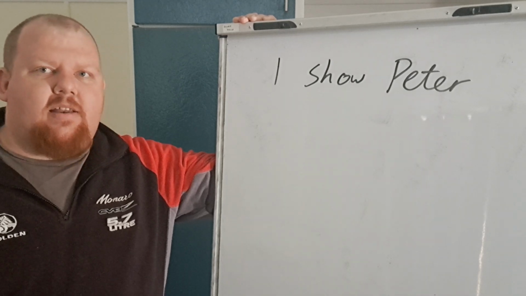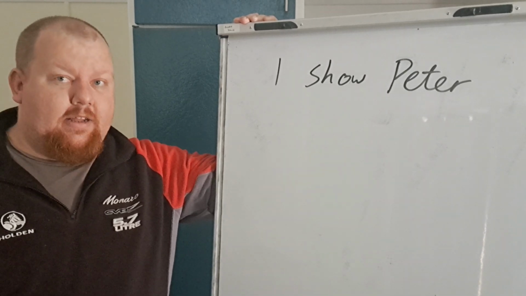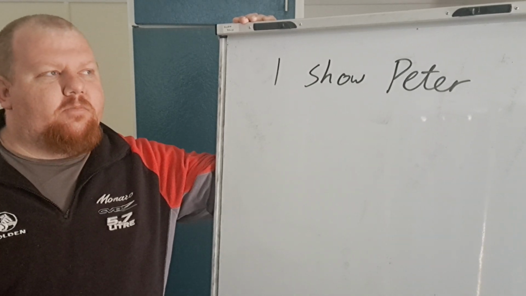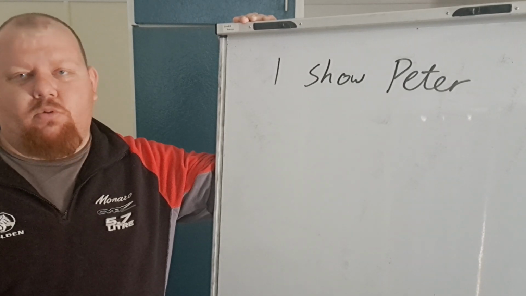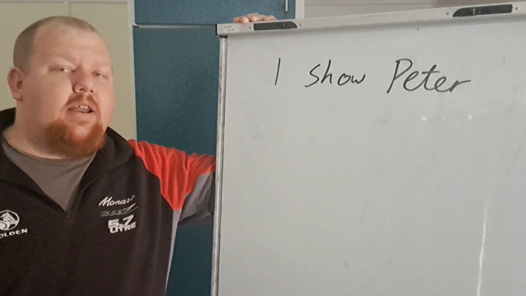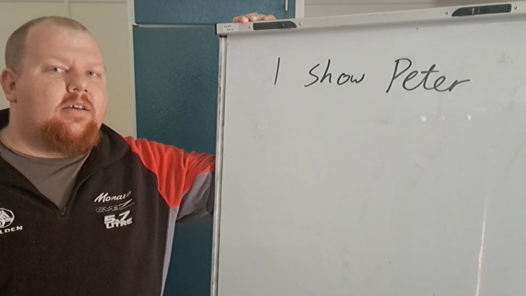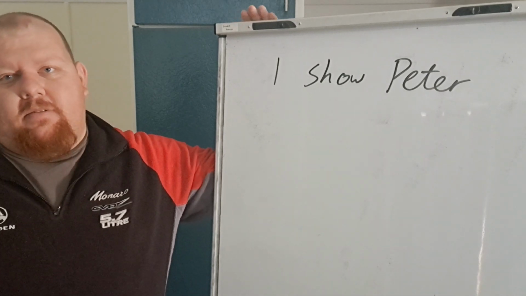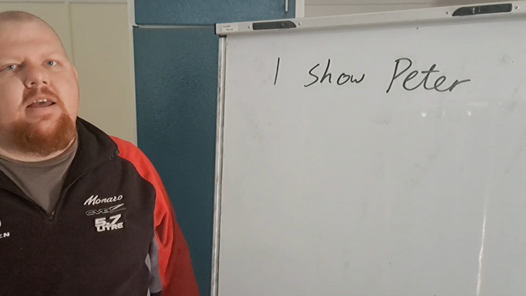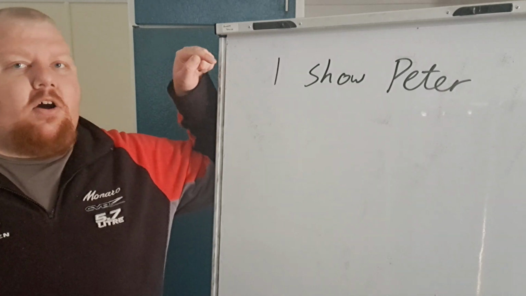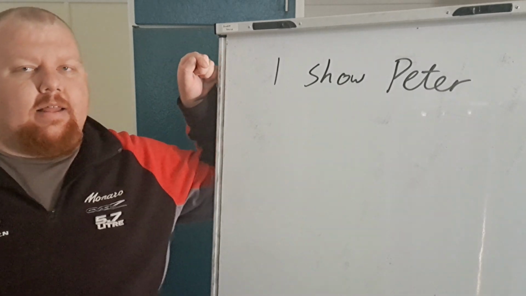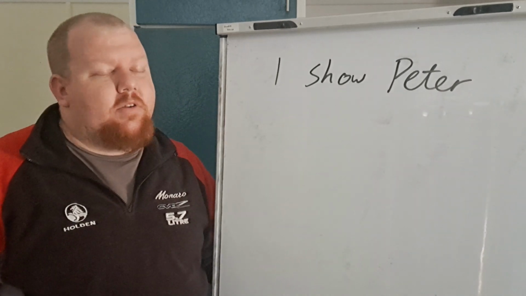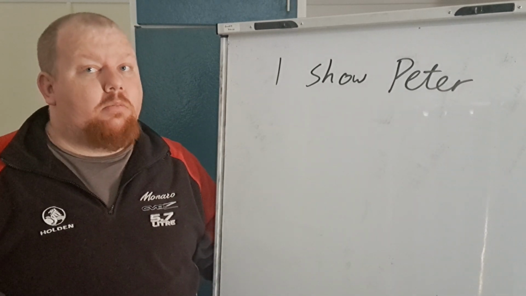Now, in this sentence here, this is good English. If I say, I show Peter, so for example, if I saw a good sight, I saw a good mountain, and I wanted to show Peter the mountain, I could say, I showed Peter what I saw yesterday, okay? Now, if I just simply say, I show Peter in English, you might be tempted to think, well, it's after the verb, so therefore it is the object.